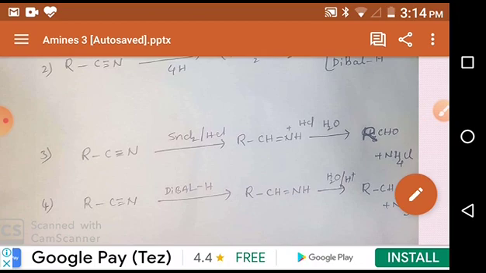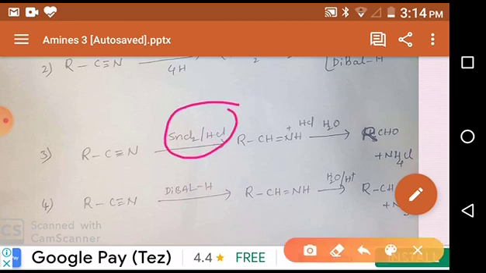The same reduction reaction with tin chloride and HCl, or DIBAL-H, reduces the cyanides incompletely. Partial reduction takes place. So what happens with the cyanide, tin chloride and HCl? First, they give the salt. Addition of HCl takes place, followed by hydrolysis.